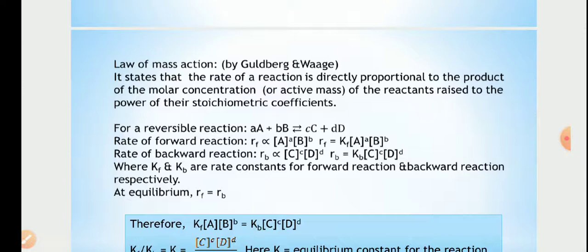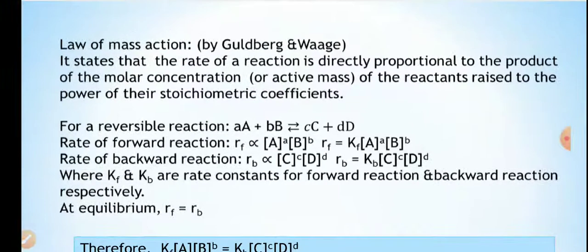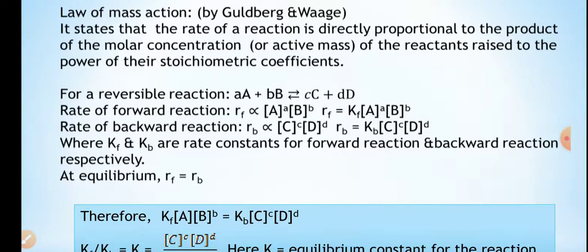That is, the reaction rate, forward or backward, will be directly proportional to the molar concentration, or basically the active mass of the substance, with the reactants raised to the power of their stoichiometric coefficient. This will be very clear with an example. Here, small a is the coefficient.